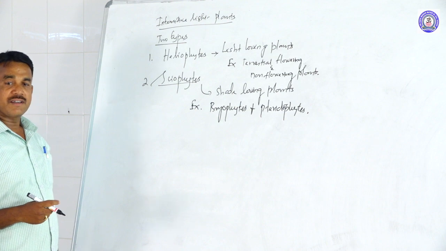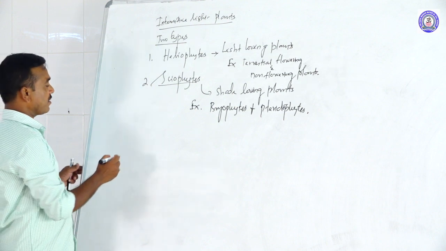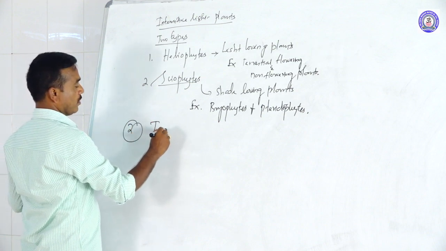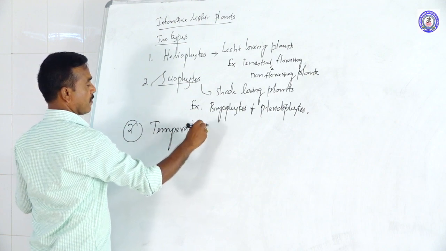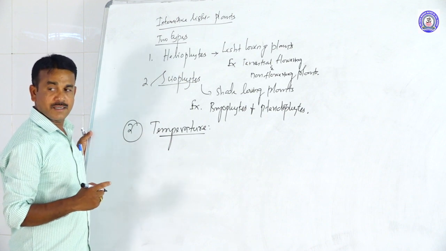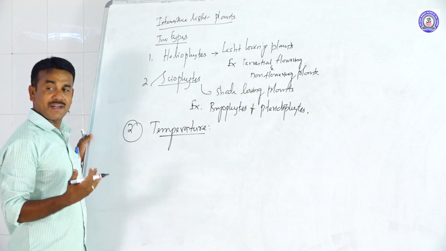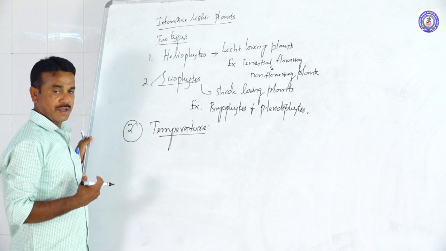The climatic factor, the first one is called light. In climatic factor, the second factor is commonly called temperature. Like light, temperature is also one of the prominent factors which help in physiological processes.